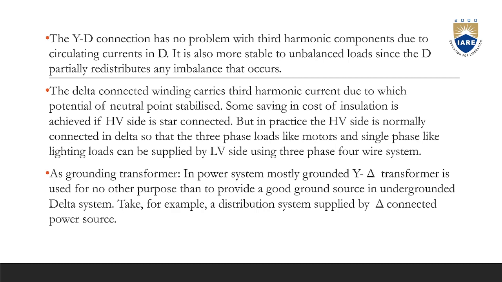As a grounding transformer in a power system, mostly grounded Y delta transformer is used for no other purpose than to provide a good ground source in an ungrounded delta system. Take for example a distribution system supplied by a delta connected power source.